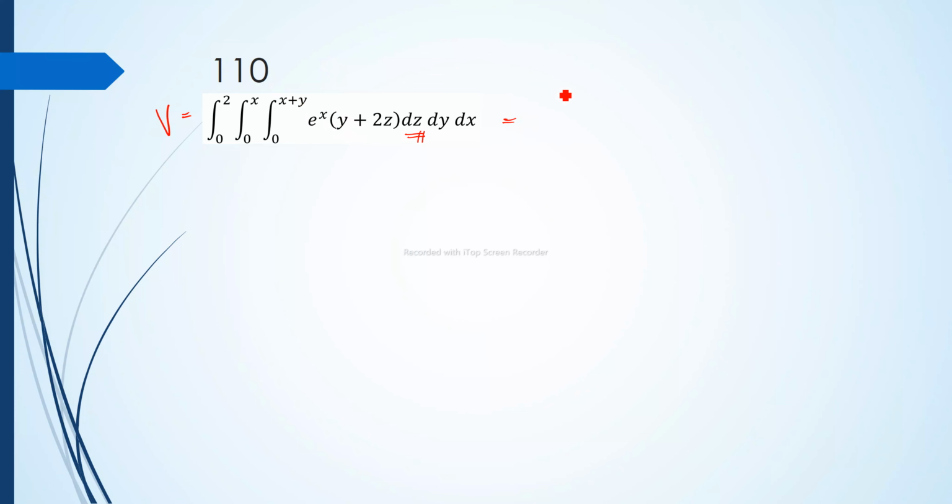So that is just equal to, if we integrate that, we will have e to the x times yz plus z squared, evaluated from 0 to x plus y, dy dx. And then you just substitute the lower and upper limits with respect to z.